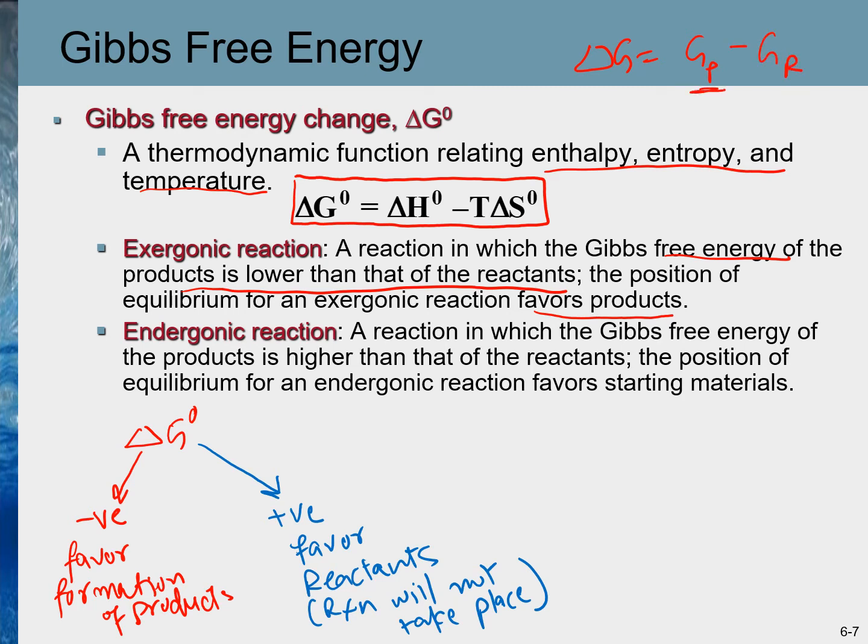If the product free energy is lower and the reactant free energy is higher, then delta G value will be negative. So in the case where the product free energy is lower than that of reactant, the value of delta G will be negative and the reaction will favor products.